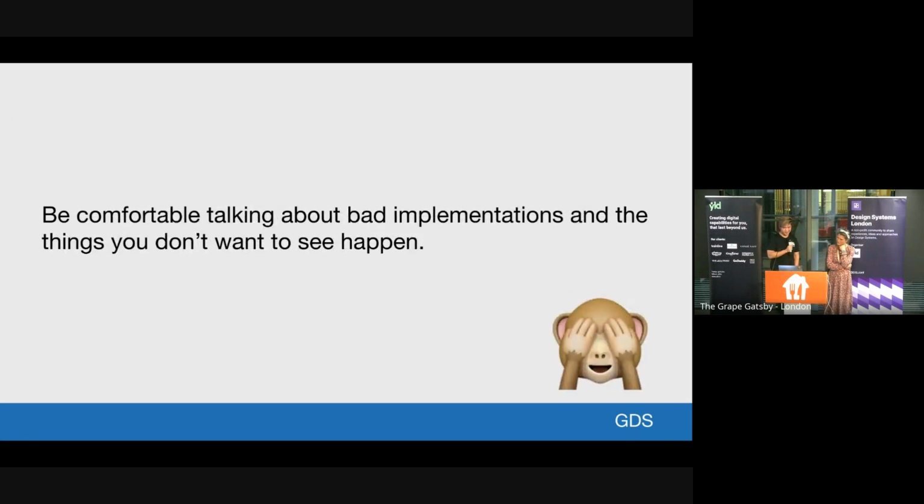Be comfortable talking about bad implementations and the things you don't want to see happen. As a content designer, I'm always trying to keep messages absolutely clear. So ideally, I'd like a component or pattern page to simply say what to do, what not to do, and focus on the good implementations.